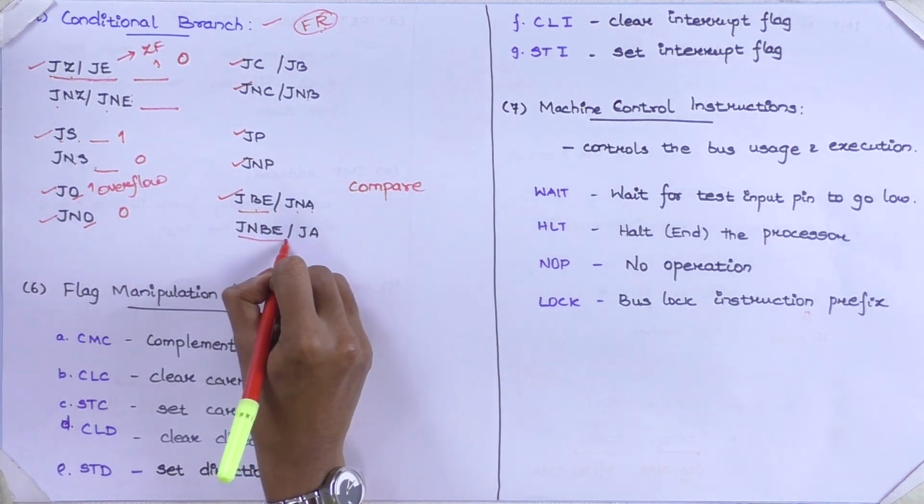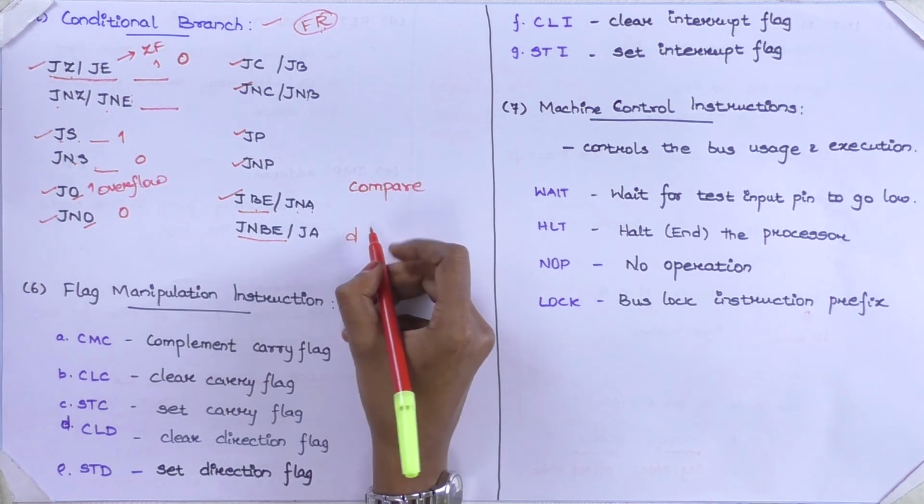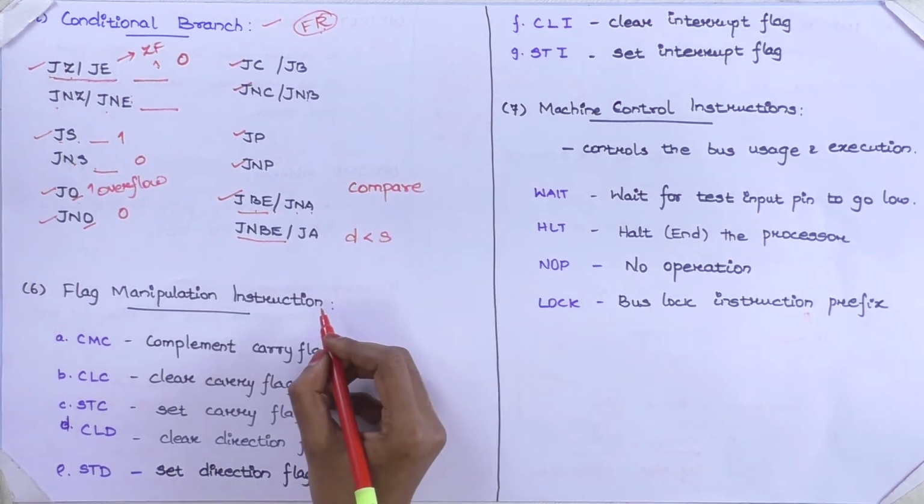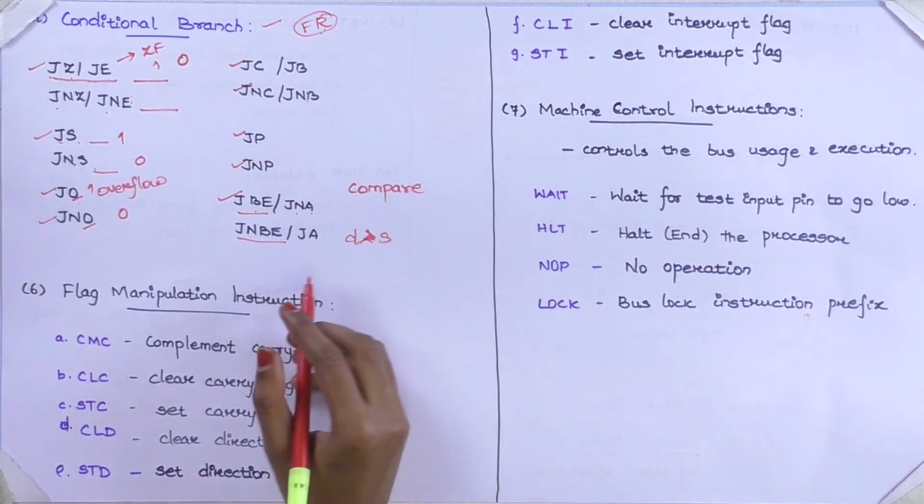The jump not below instruction will be executed only when the destination is greater than the source. So these are all of the conditional branches. We will use these conditional branch instructions depending on the application of our program. Fine. So next we will see the flag manipulation instructions.